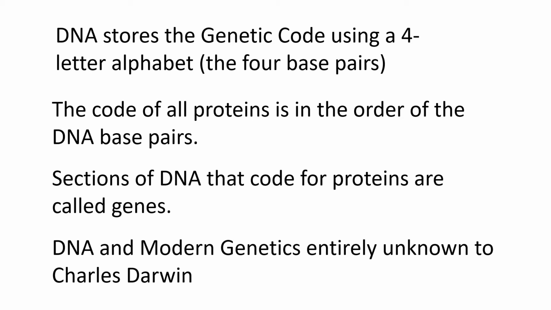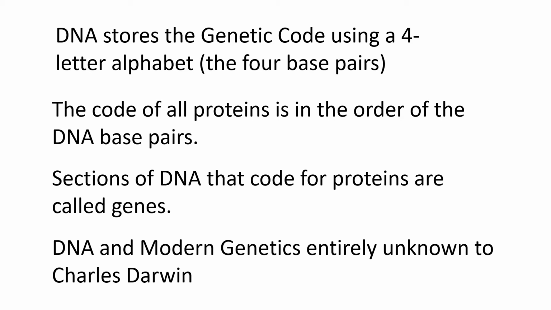And the code of all of the proteins is determined by the order of the DNA base pairs. So the way I order those letters determines the structure of a protein. Just like the way I order letters in English determines the actual words that are then made that convey a certain meaning.